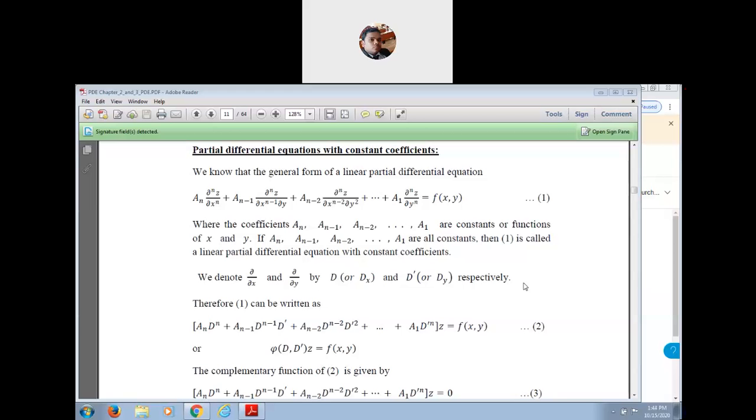Small r equals to del 2z by del x square. That means second order derivative. You have to differentiate twice.